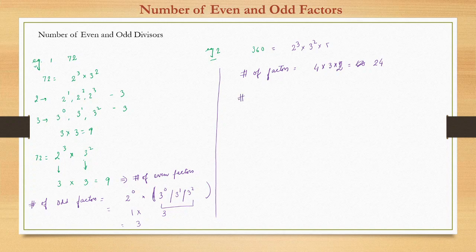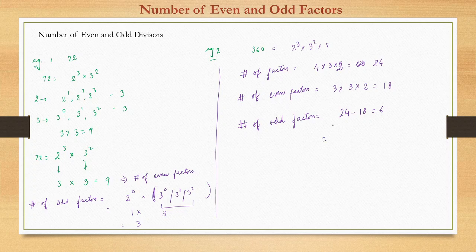Now the number of even factors. For even factors, how many options does the power of 2 have? 2 can take only 3 powers, 1, 2 and 3, and 3 can take 0, 1, 2 powers, so 3 options. 5 can take 2 powers, 0 and 1, so 3, 3, 2, 18. So what would be the number of odd factors? One approach, directly we can subtract the number of even factors from the total number of factors, 24 minus 18 to get 6.